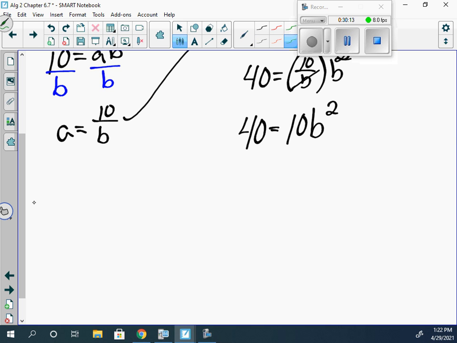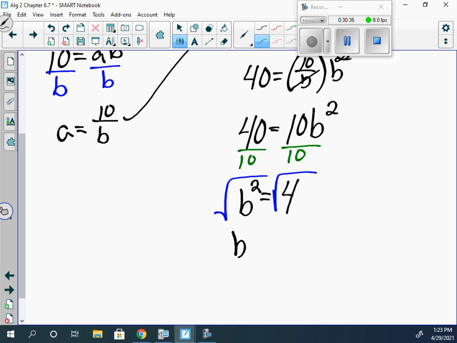Now what can we do next? We can divide both sides by 10, which tells me that b squared is equal to 4, and then we would square root both sides, which tells me that b is equal to 2.